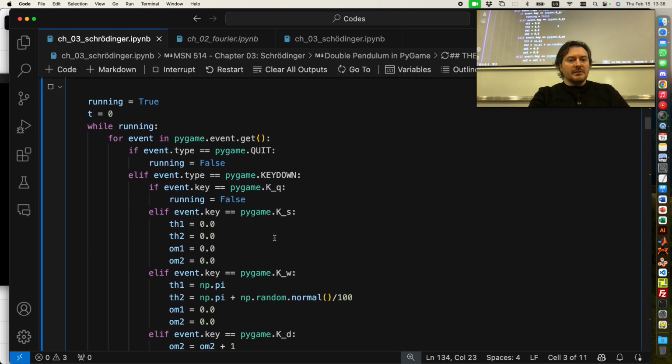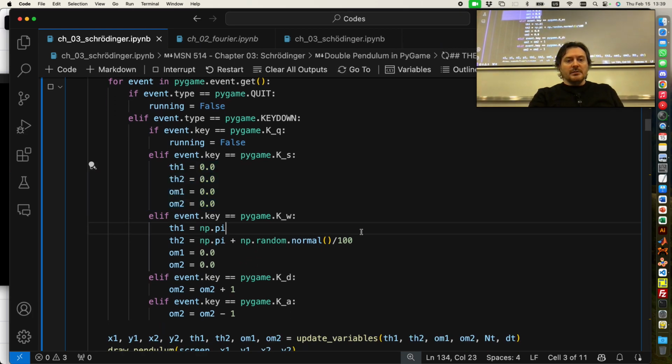And then there is this part where, if Q is pressed, then it quits. If S is pressed, remember S was putting it down like this. If S is pressed, then theta 1, theta 2, omega 1, omega 2 are all 0.